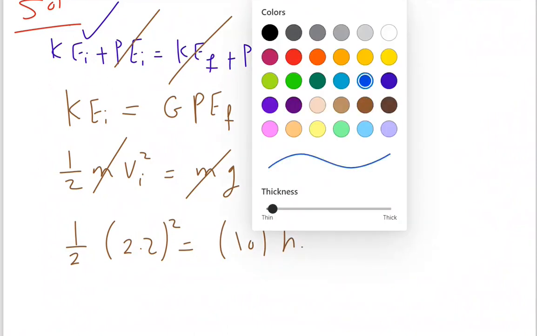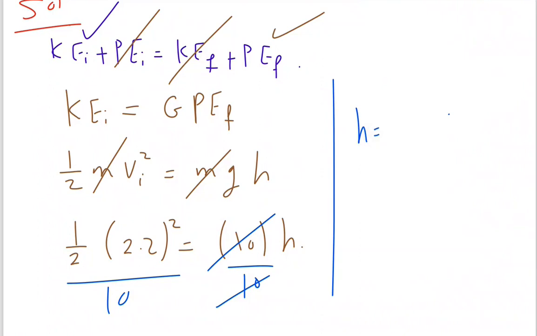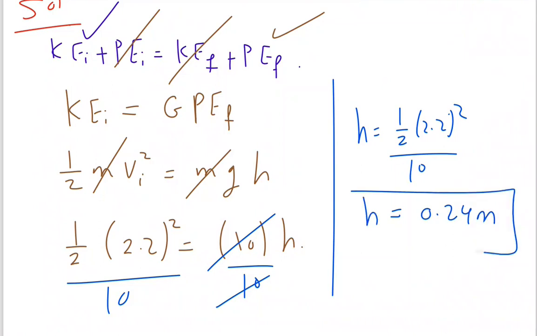So divide both sides by 10 to get rid of 10. If you plug these values into the calculator, h equals half times 2.2 squared divided by 10, which gives us 0.24 meter.